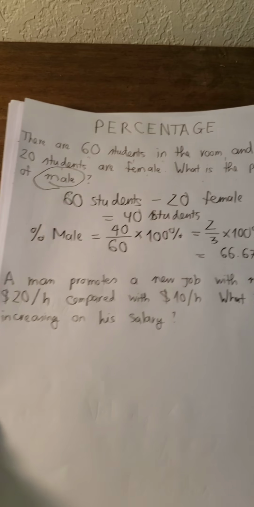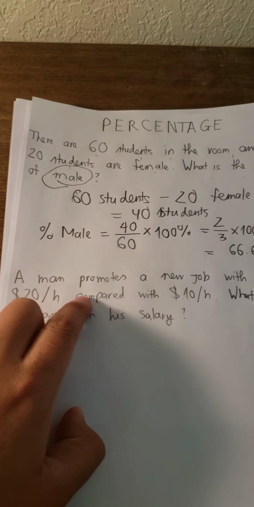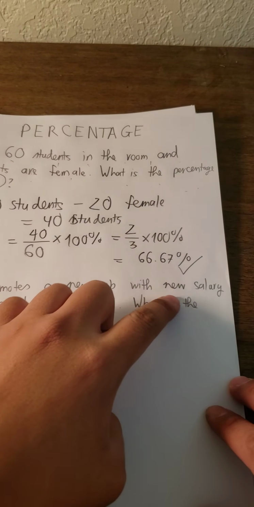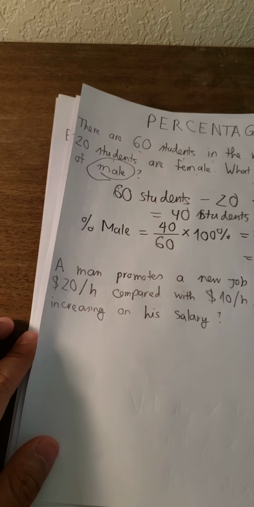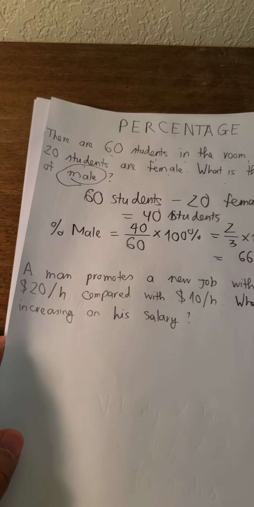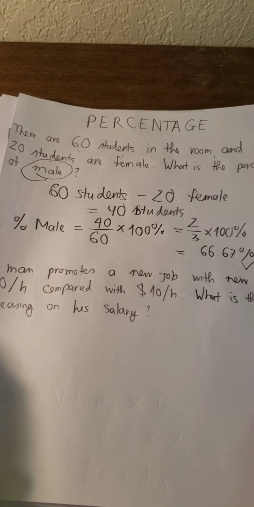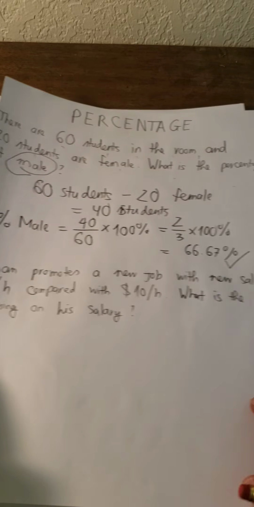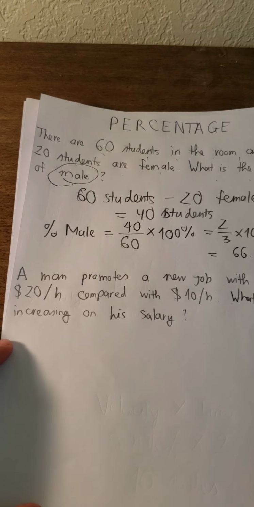The next one, a man is promoted to a new job with a new salary of $20 per hour compared with $10 per hour. What is the increase in his salary?